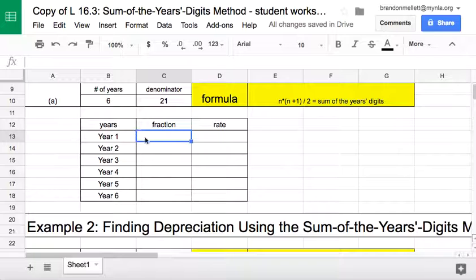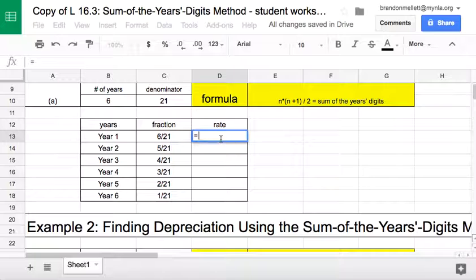Alright, so for our fractions, this will help us when it comes to finding the depreciation for a certain year. We'd be able to calculate that. So 6 over 21 for year 1, 5 over 21, 4 over 21, and you get the idea of how we get the rest of them here. Then from there, what we'd be doing is converting these into rates.